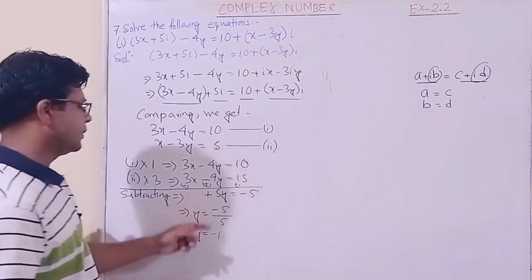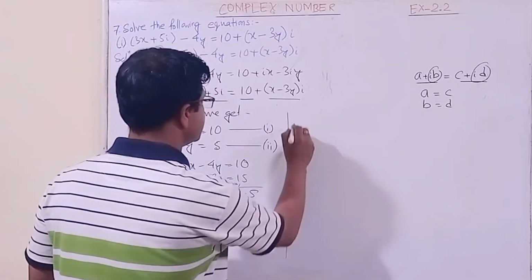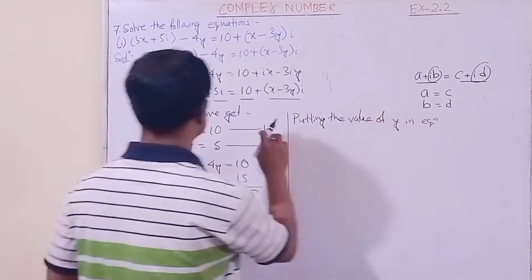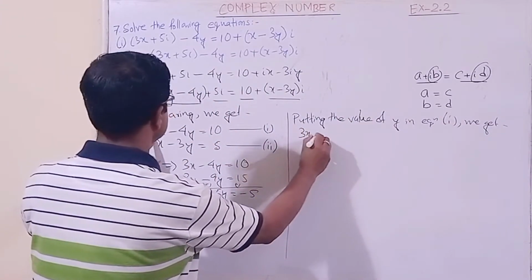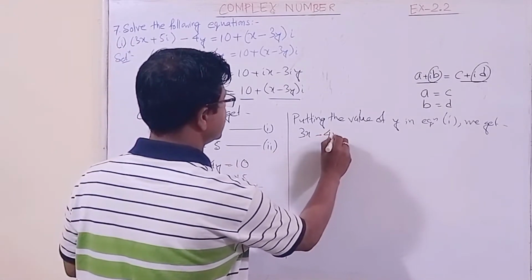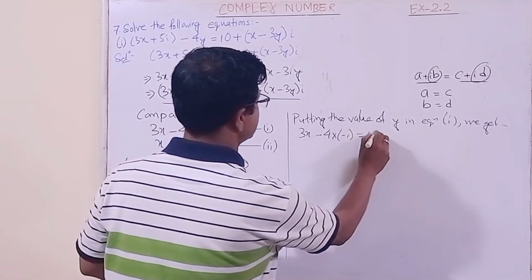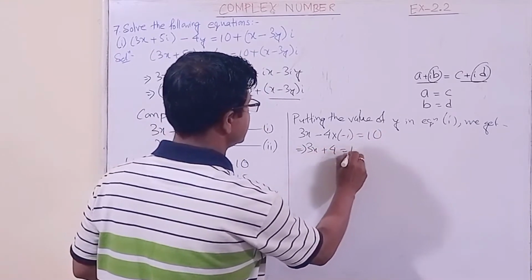Now putting the value of y in any of these equations, we get 3x minus 4y equal to 10. The value of y is minus 1. So 3x plus 4 is equal to 10.